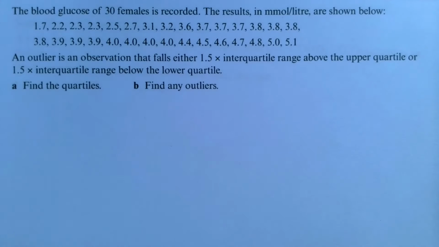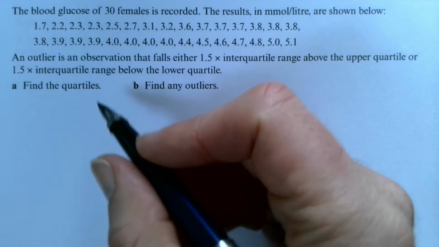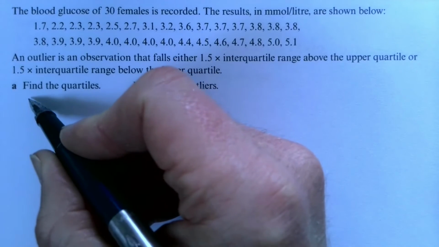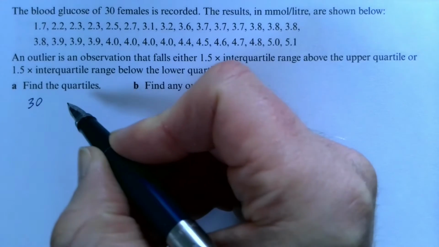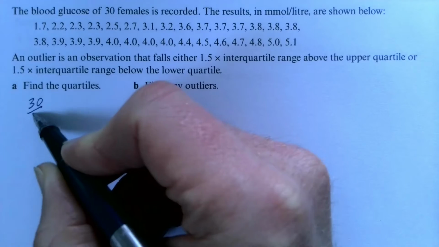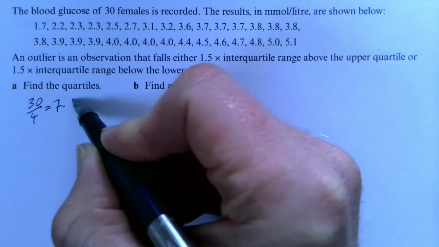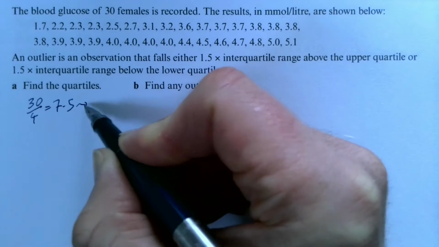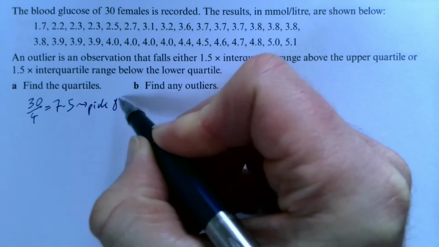Right, so here's our first example. It kicks off with a nice bit of practice for finding quartiles. So it's a little while since we've done this. If you remember, we've got this new technique now where we just say how many bits of data we've got, divide it by 4. Because that says 7.5, that means we pick the next one up, so we pick the 8th.